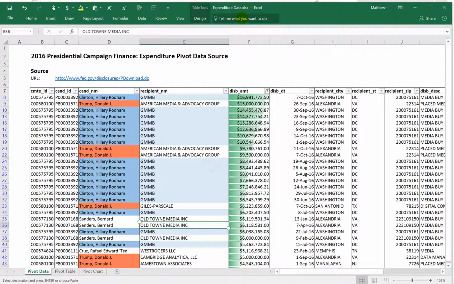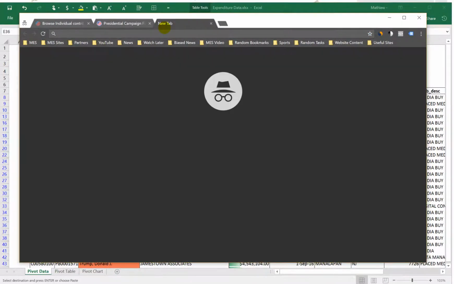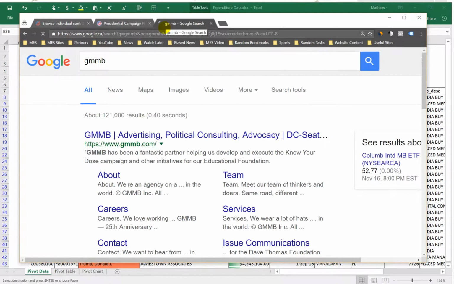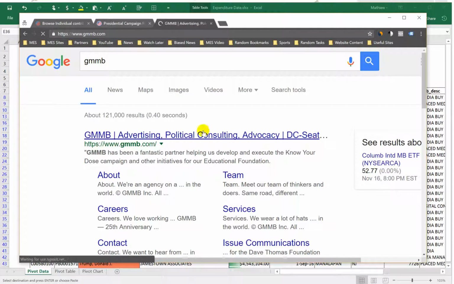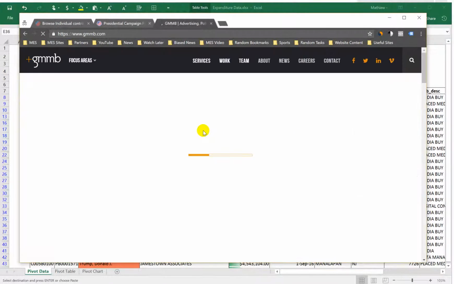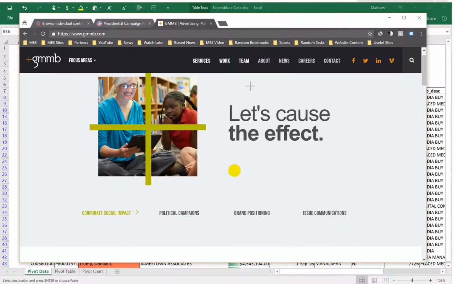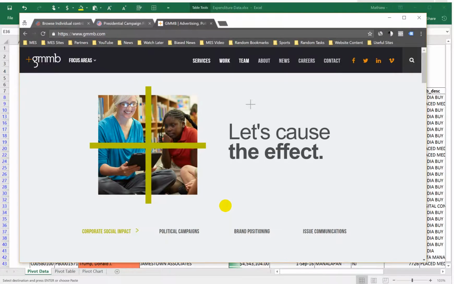This is that GMMB company that Clinton paid for that runs here. If you just Google GMMB, you'll see advertising, political consulting, advocacy website. So Clinton paid these guys a lot of money. Yeah, and then, as you can see, if you load it up, they do political campaigns, marketing, and other stuff.